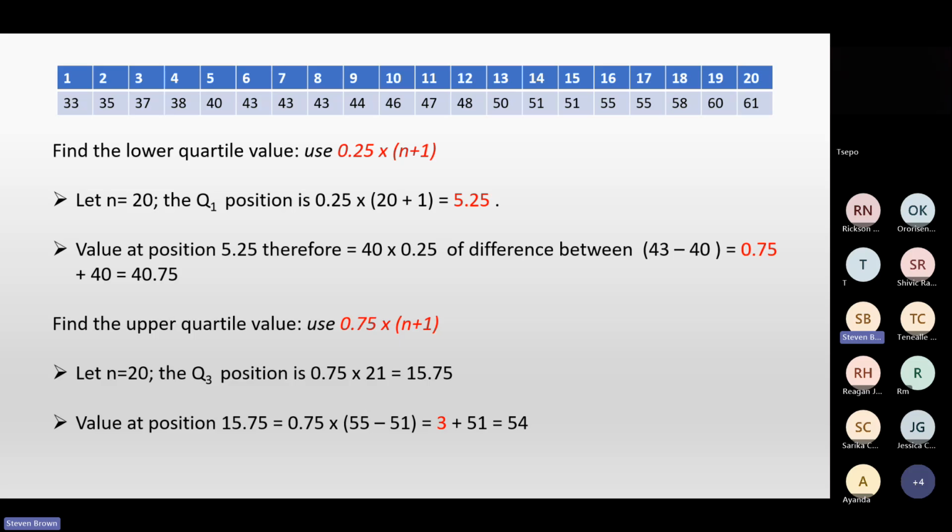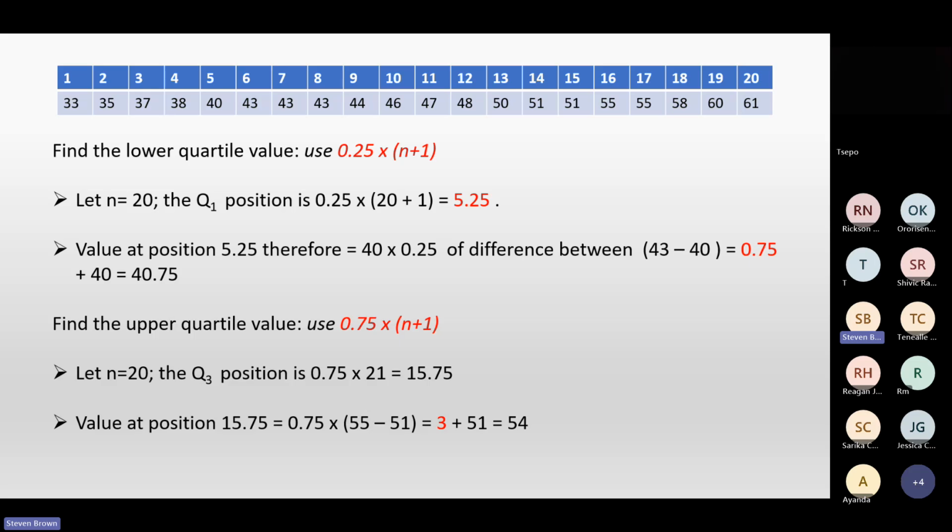So 0.25 times n plus 1, that would be 11 plus 1 is 12, and then multiplying 12 by 0.25 takes you immediately to position 3. There's no 3 point anything, and you would say immediately it was value 37 that occupied that position. So if they give you an uneven number, it makes your life much easier because you won't get a decimal. It's only when you have an even number that the decimals crop up.